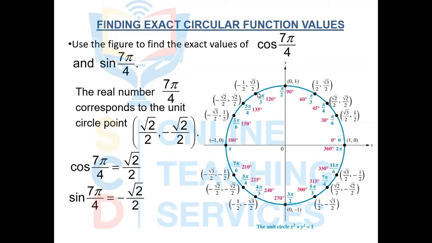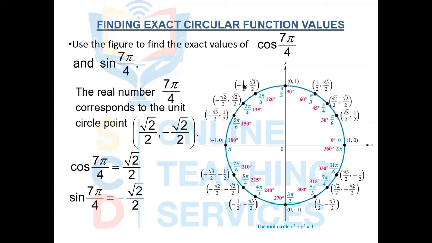Correct? Do you understand? Yes. So when I say, what is the value of cosine negative 4 pi all over 3, that gives us negative 1/2, or negative 0.5, correct?